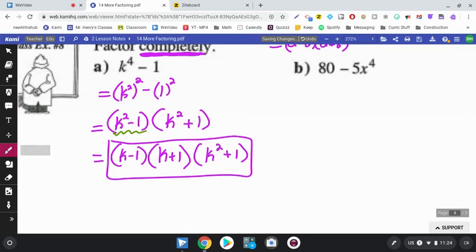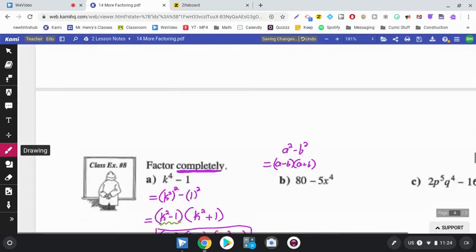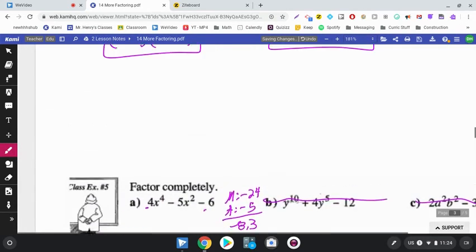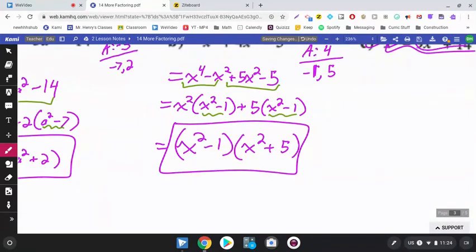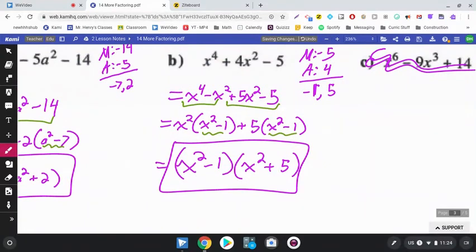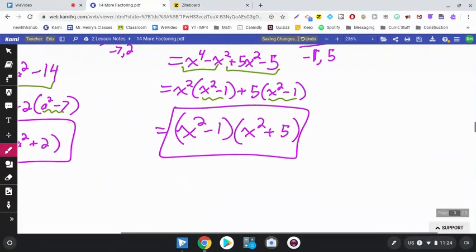So let's actually jump back to 2 questions ago when I said, hey, this thing is not actually factored all the way. Okay, this was x to the 4 plus 4x squared minus 5. I have my 2 factors, but hey, x squared minus 1, I can actually factor that further. That's a difference of squares, x minus 1, x plus 1.